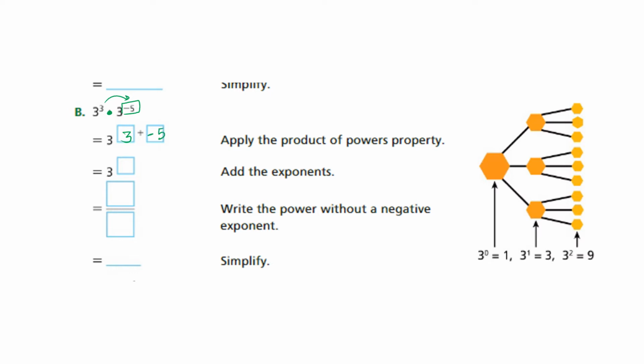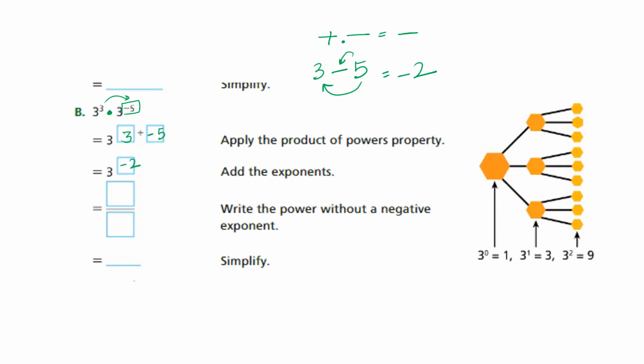Now we have studied in grade 7 that plus times minus gives you minus, which means 3 minus 5. Now you know that 5 minus 3 is what? 2. Now 5 has a negative sign. It is the bigger number with the negative sign. So your answer will be negative 2.